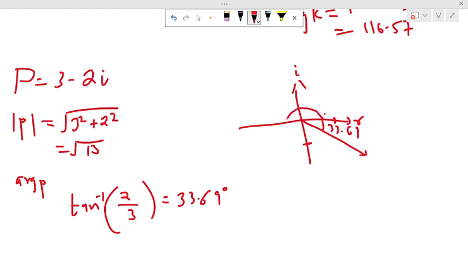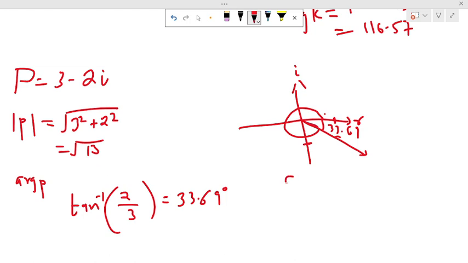So we move from here to this point, and so we know that from here to here is 90, from here to here is another 90, and so this angle is going to be 180 plus another 90. And for us to get this portion, we are supposed to subtract 33.69 from 90. But to be safe, we already know that the total angle of a circle is 360. So we can subtract 33.69 from 360 in order to get the angle from the positive x-axis to where this line has been drawn.